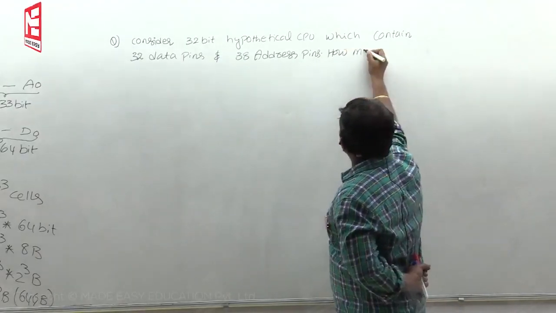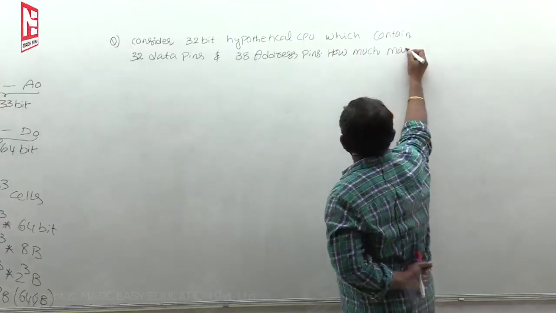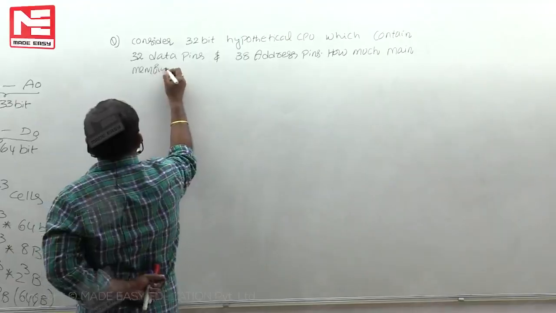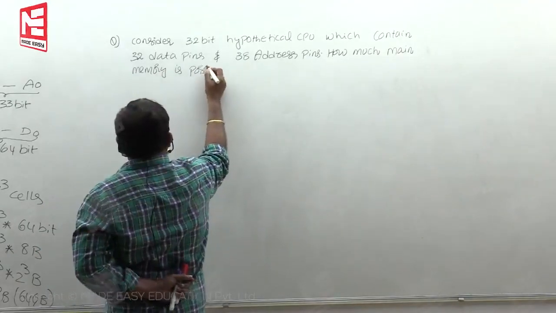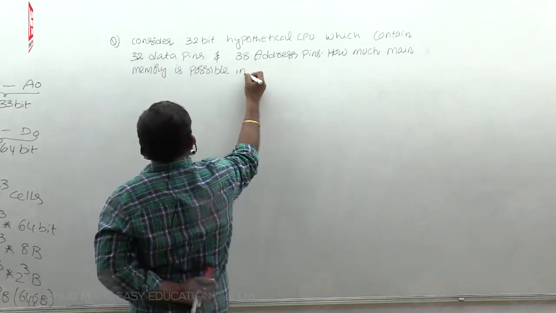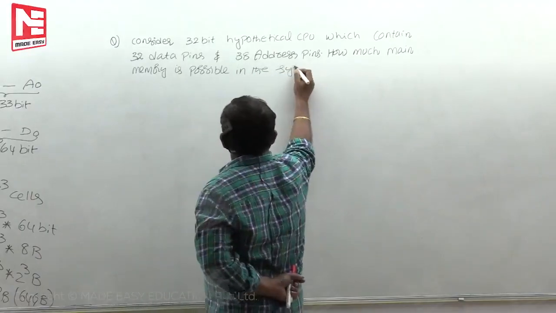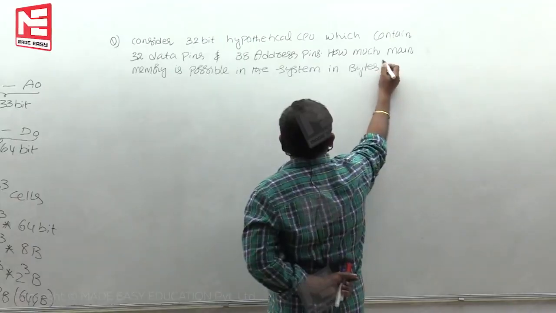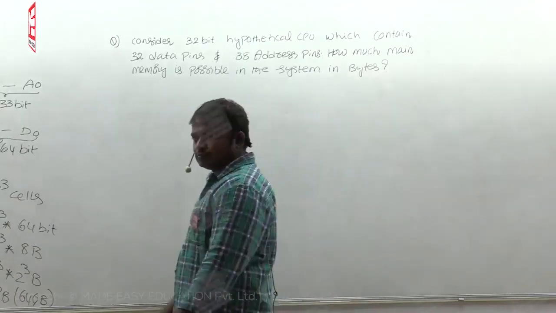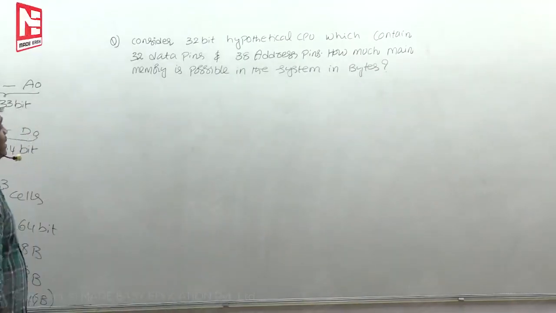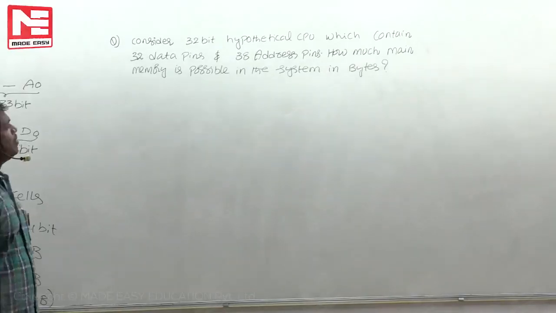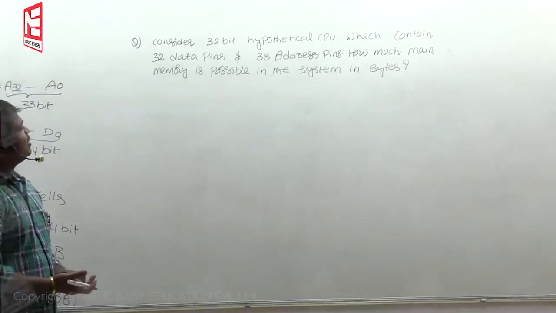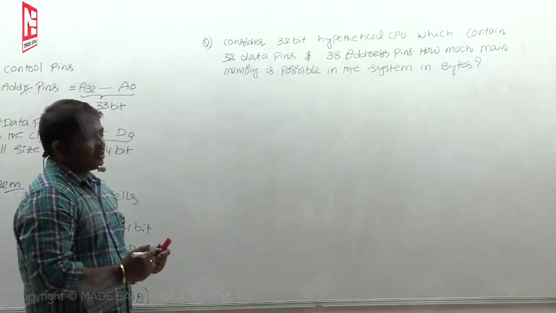How much main memory is possible in the system in bytes? So this is the question.